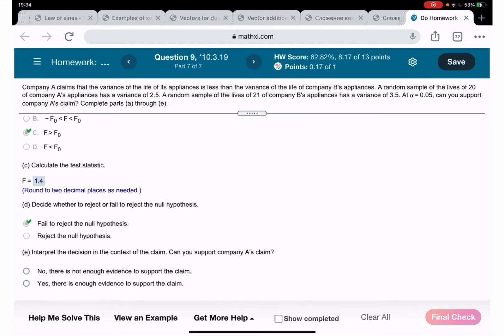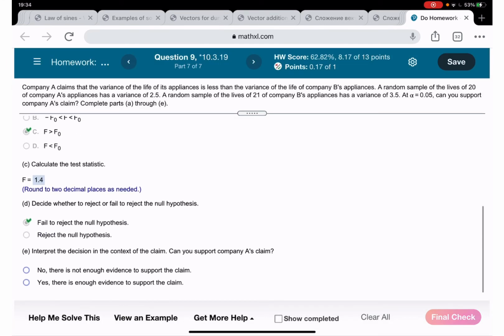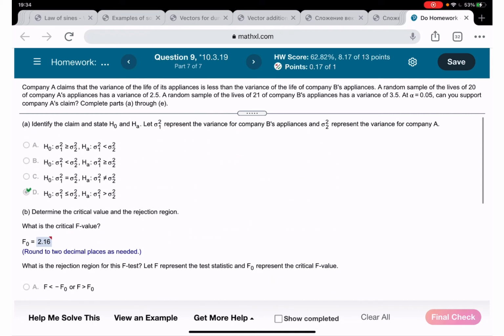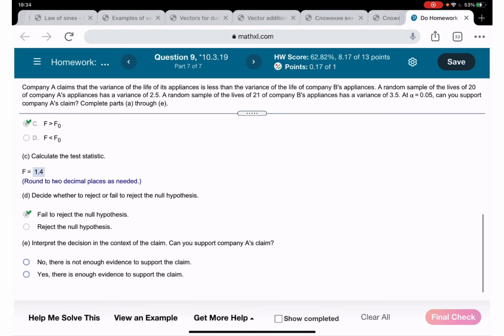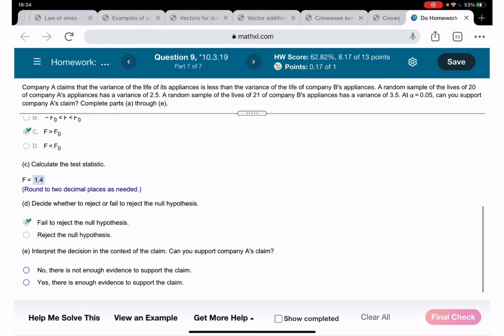Now interpret the decision in the context of the claim. Can you support company A's claim? Because we fail to reject the null hypothesis and the claim is the alternative, remember the claim is less than. Since we fail to reject the null, we reject the alternative, and we say no, there is not enough evidence to support the claim.